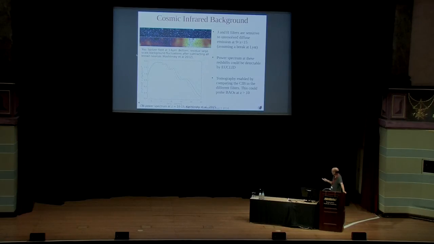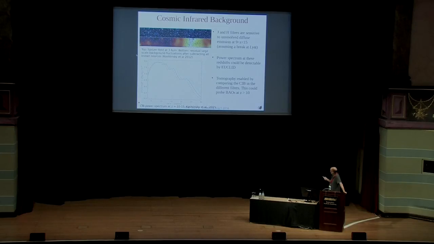by Euclid. So this work has been done by Kaczynski et al., and there is some hope that this power spectrum can be detected by Euclid with some scaling from what IRAC has detected, and some assumptions on the luminosity functions of faint high redshift galaxy populations.